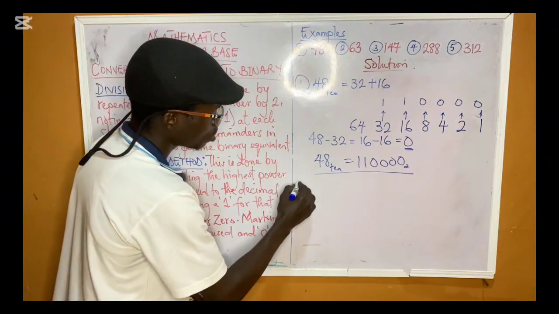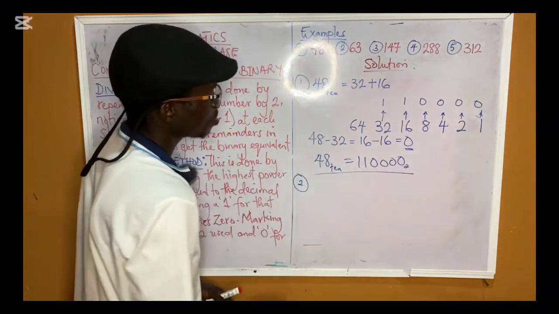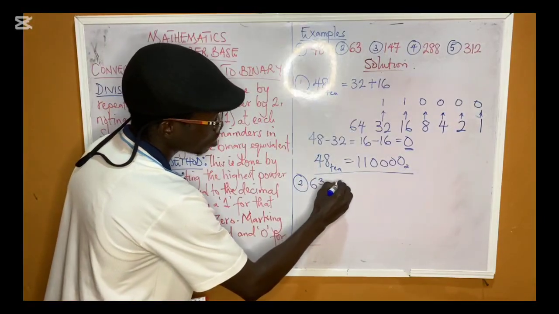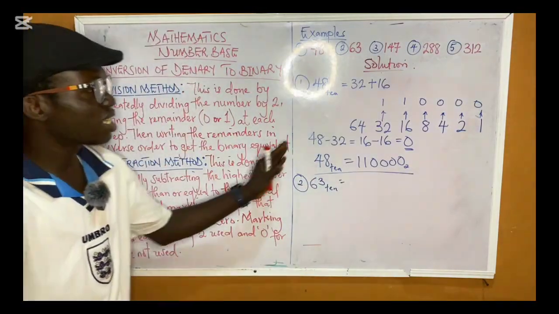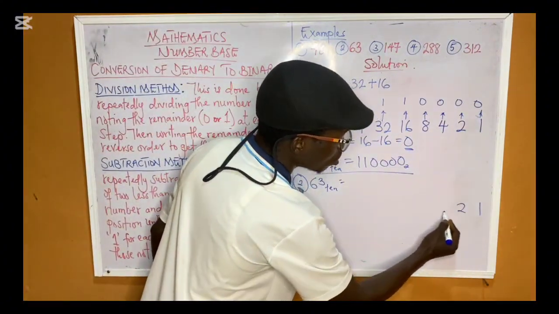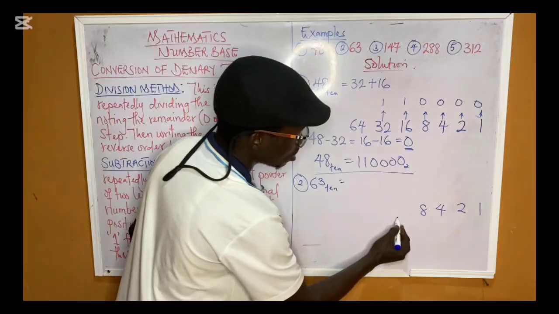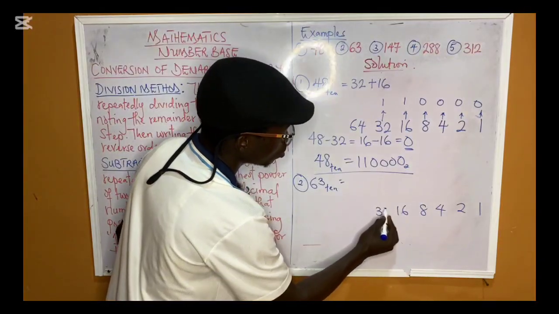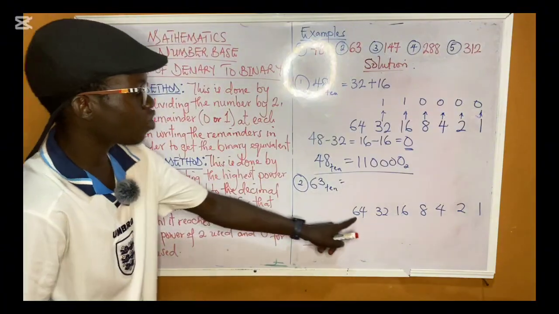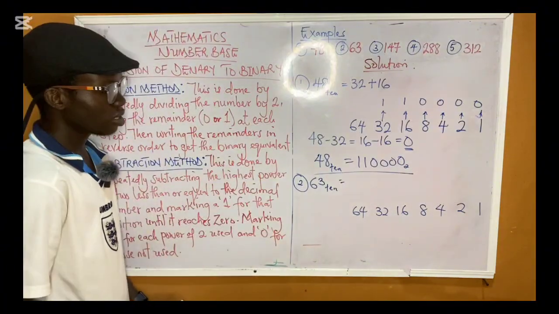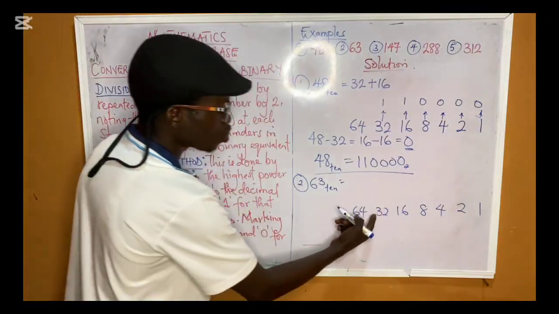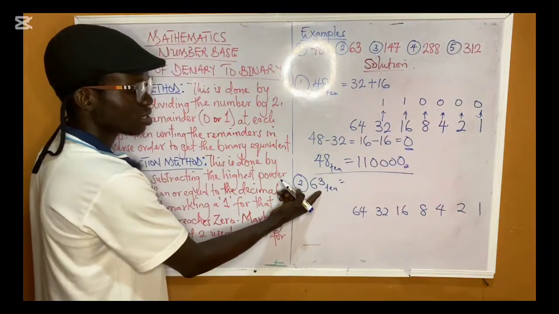And for number 2, which is 63. 63 base 10. Good. We write the powers of 2 starting from 1, 2, 4, 8, 16, 32, 64. You can stop at 64 because 64 is greater than 63. Good. Now, 63 minus 32, which is less than 63.